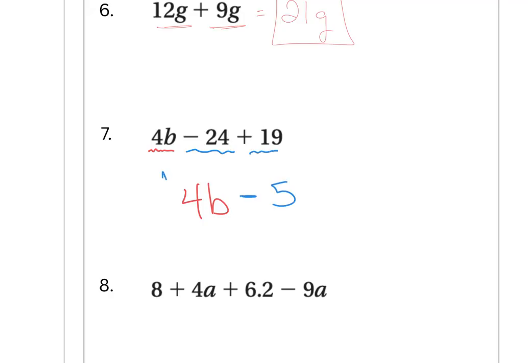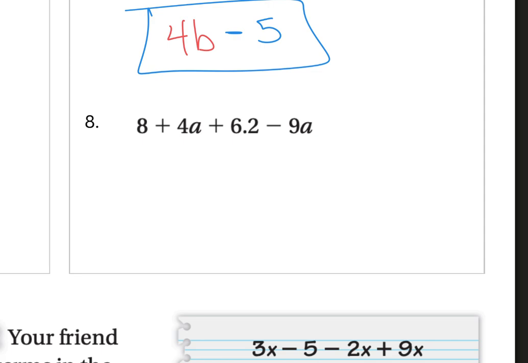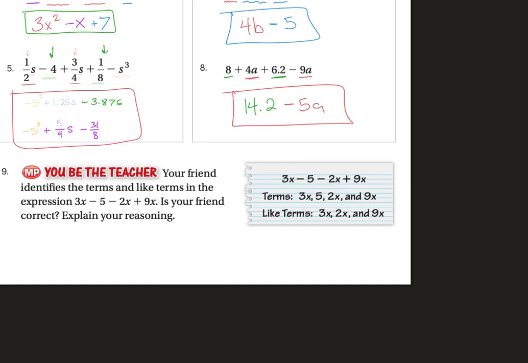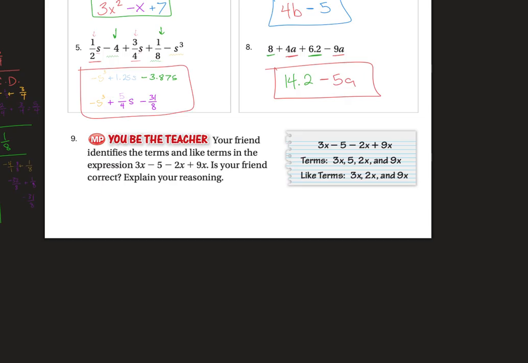That's -5. 8. 6.2. Those are like terms because they're both constants. Don't know what a constant is? You should go check that out. 8 plus 6.2 is 14.2. 4a, 9a. That's -5a.